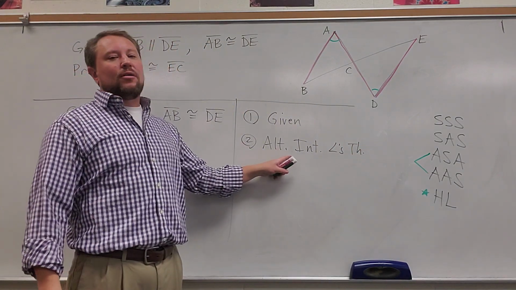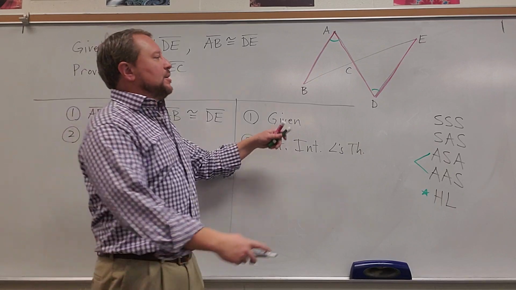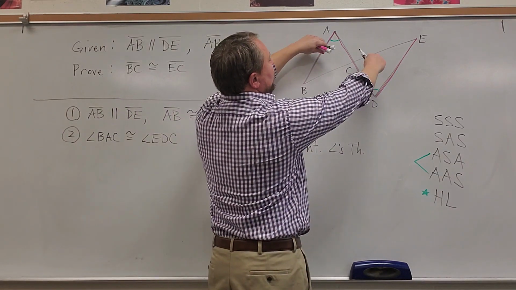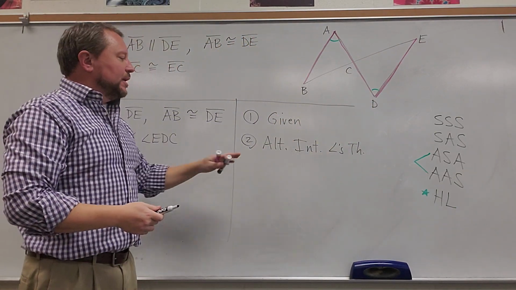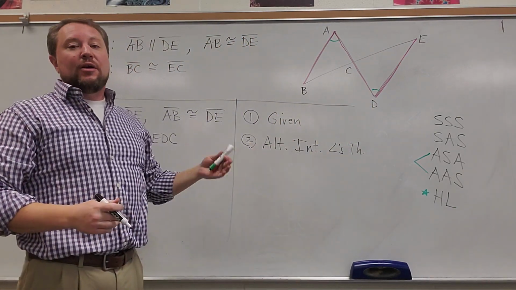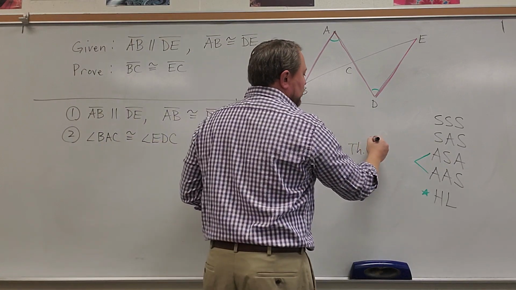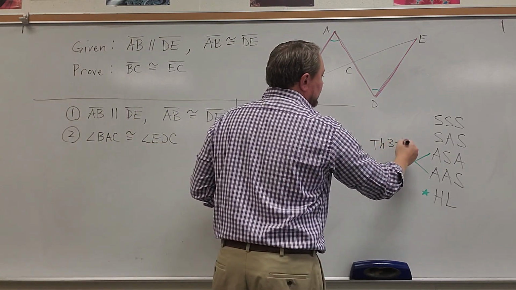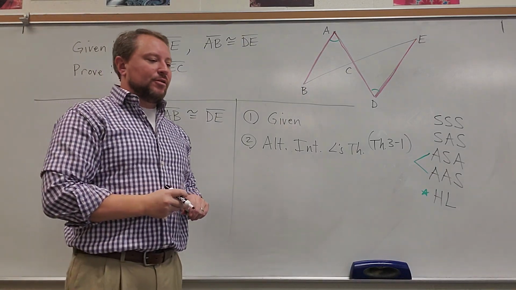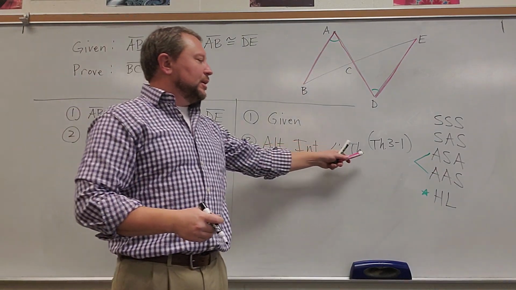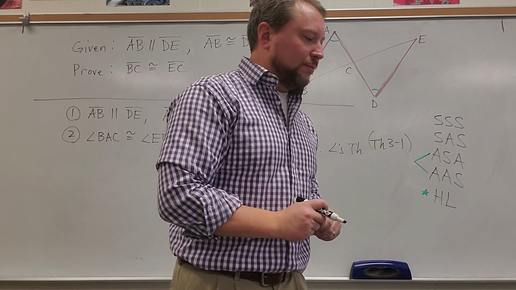Don't just say because they're alternate interiors. Because if the lines weren't parallel, if they were going at a weird angle, these wouldn't match anymore. So it is part of a theorem. The theorem, by the way, is Theorem 3.1, if I remember correctly on the numbers. Theorem 3.1 is the one that says if lines are parallel, then the alternate interior angles will be congruent.